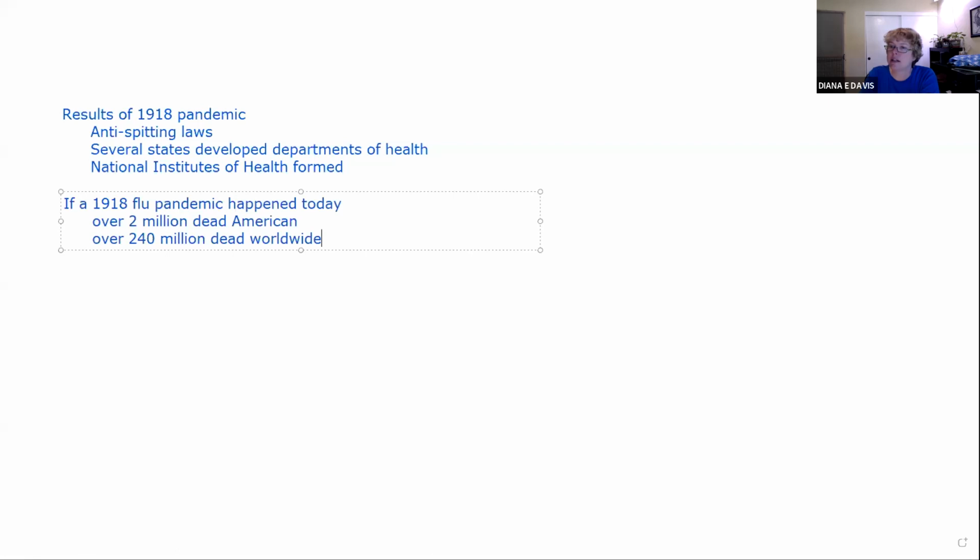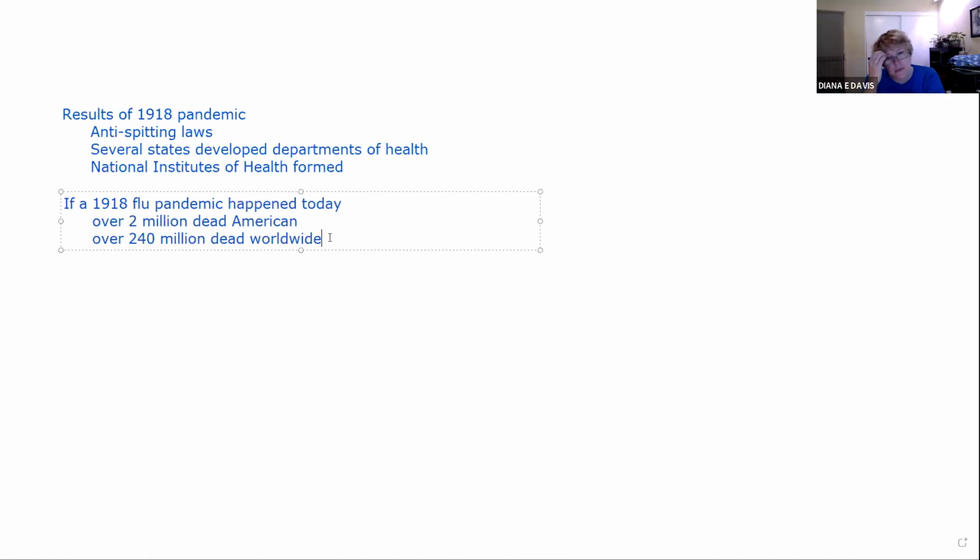Nate, go ahead. I know it was just a simple comparison, but do you think those numbers would be reduced with therapeutics, other medicines we have for flu? I know not all flus are the same, but how they work is similar. I assume they wouldn't be this ridiculous, right?